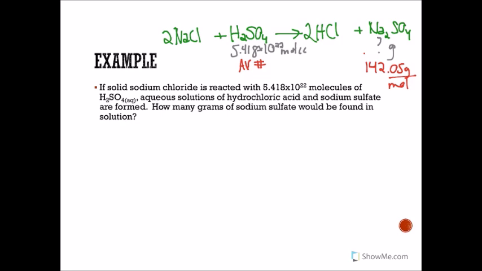Now that I've written my knowns and unknowns, I'm going to want to start with the number that was given in the question. So I'll start with 5.418 times 10 to the 22 molecules of sulfuric acid.